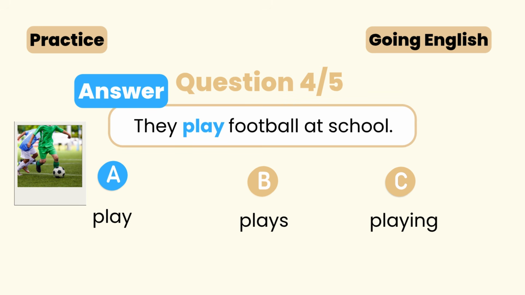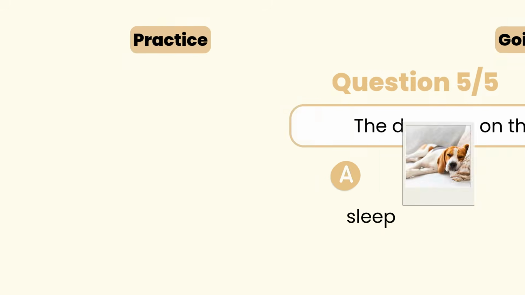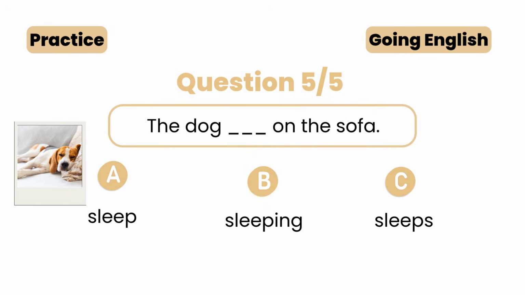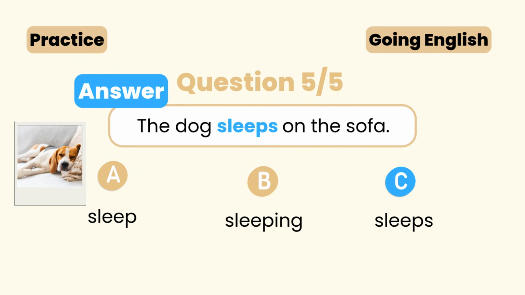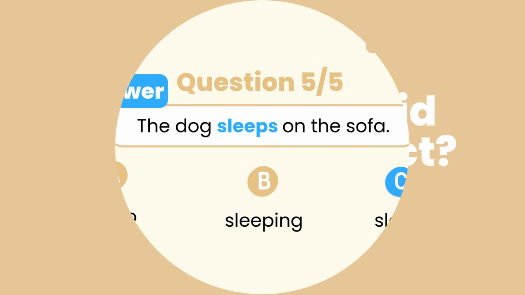Answer, play. Question 5. The dog on the sofa. Answer, sleeps. How many did you get correct?